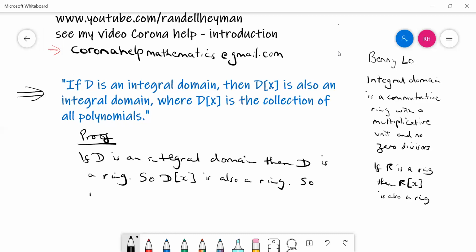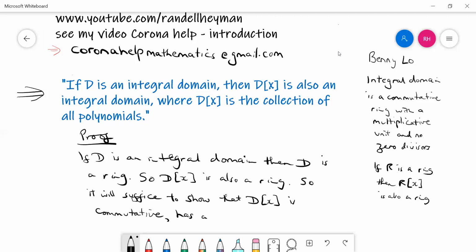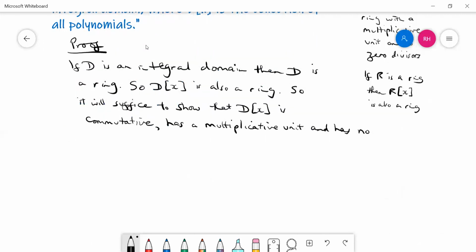So now I would just say it will suffice to show that Dx is commutative, has a multiplicative unit, and has no zero divisors.